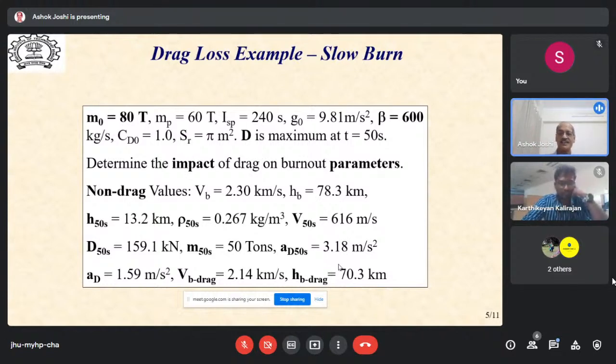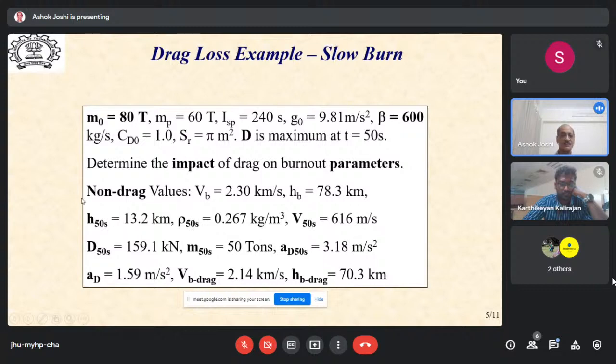Once I come up with the term maximum drag deceleration, I simply use a rectangular approximation of the triangle to say that this is the average drag deceleration that I can use in my equation which I showed you. And that's the strategy that has been used in the present case.